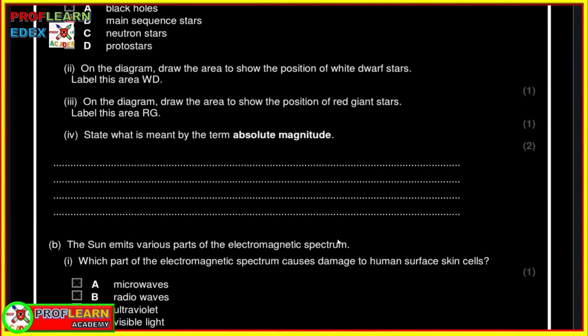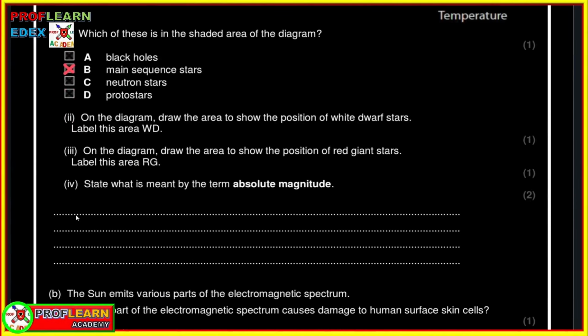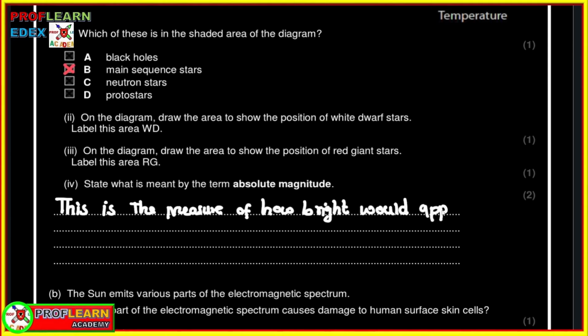Now, state what is meant by the term absolute magnitude. This is the measure of how bright a star would appear if it were at a standard distance from the Earth. You need to understand the difference between absolute magnitude and apparent magnitude, which are terms used in astronomy to describe the brightness of stars. Apparent brightness is a description of how bright stars appear from the Earth.